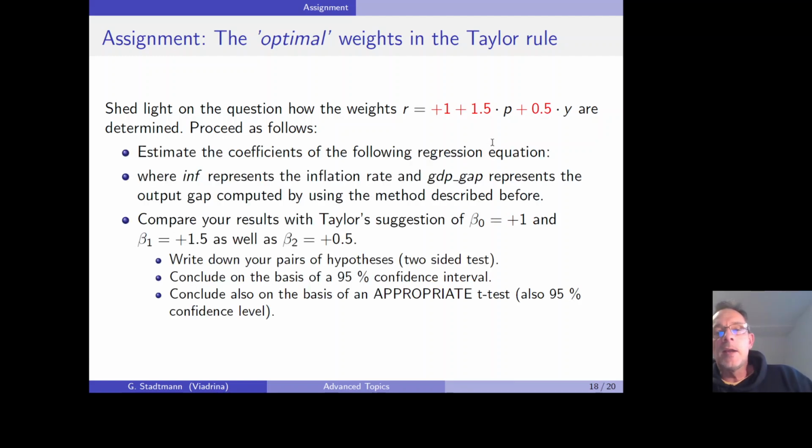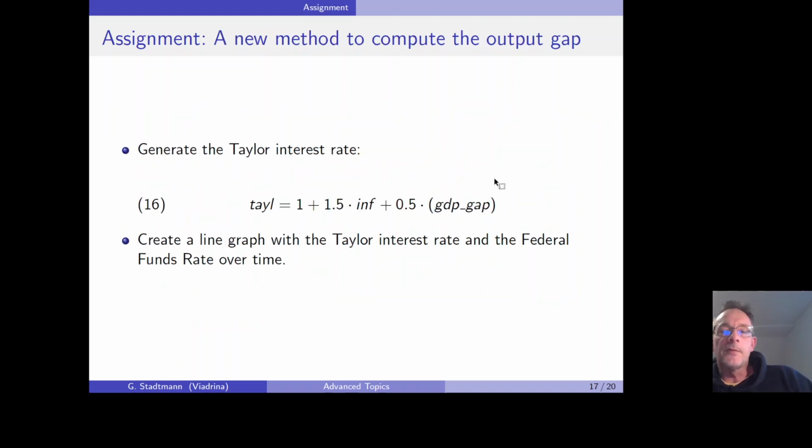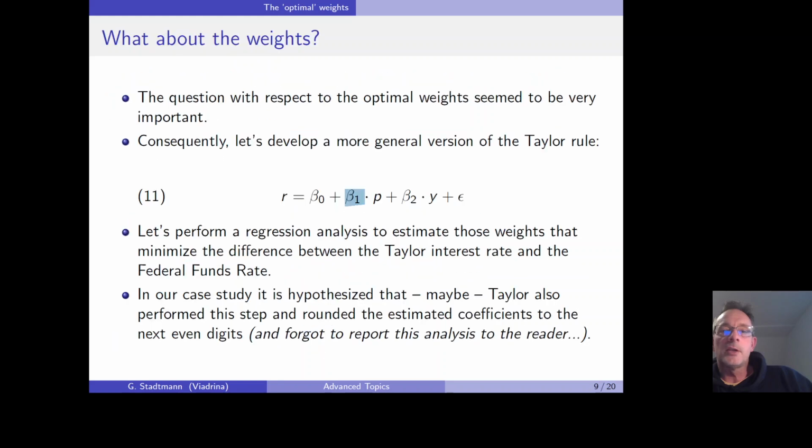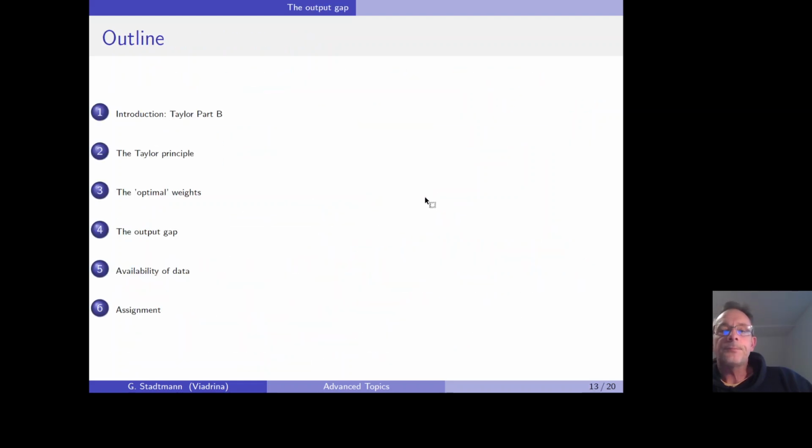You should estimate the coefficients of the following regression equation, as we have seen before, given by equation number 11. So the federal funds rate on the left-hand side, a constant, then as explanatory variables, the inflation rate and the output gap.